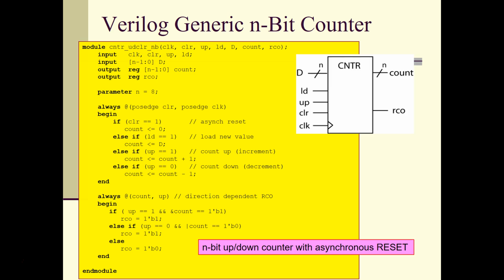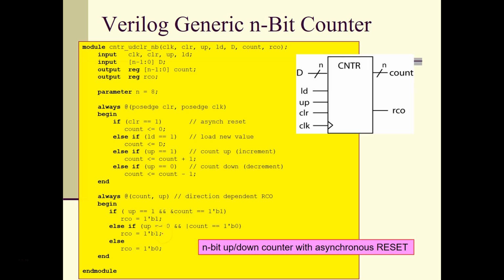One other thing to note in this is I'm using a reduction operator. So this AND count and this OR count here essentially says this ANDs all the bits together, and it says if they're all 1, that's the positive condition I'm looking for. So if it's counting up and all the bits are 1, that's what this says, it's going to turn that RCO on.